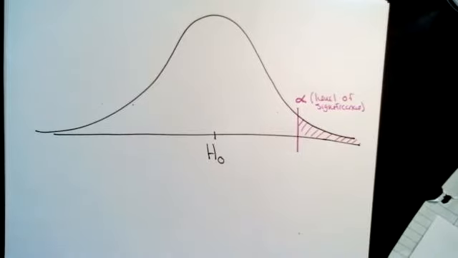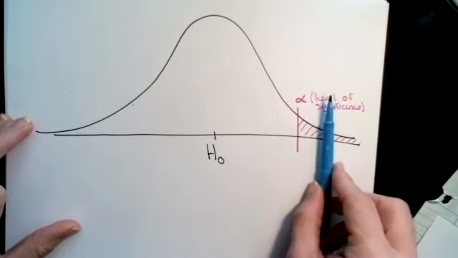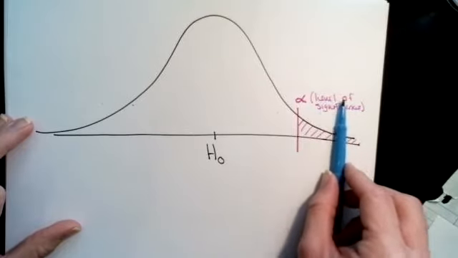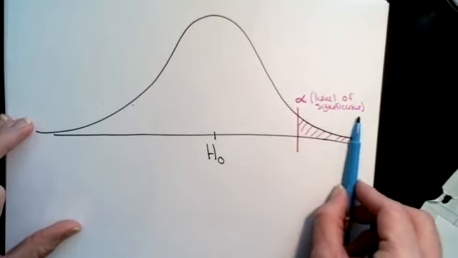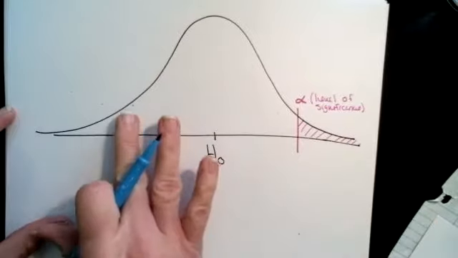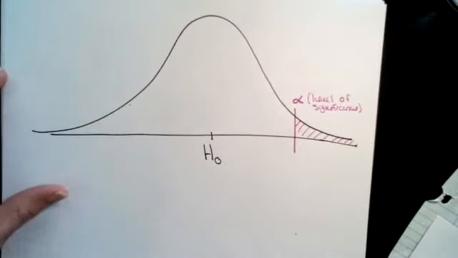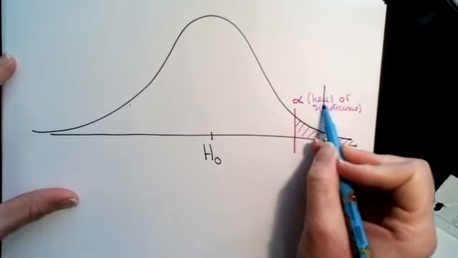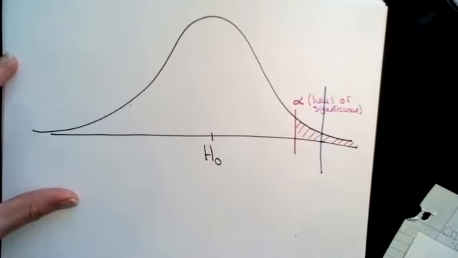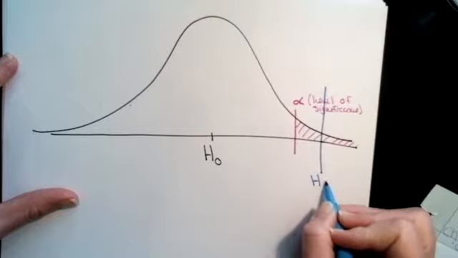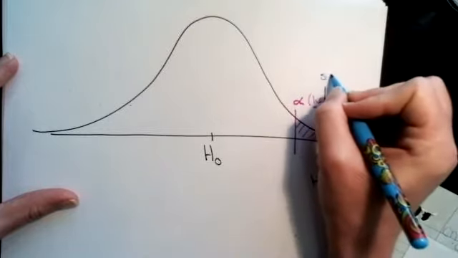Now, I want you to think about where our sample is if we're saying our p-value is yes, less than, okay? So if I'm saying yes, my p-value is less than alpha, that means the area under the curve is smaller, so it means I'm over here someplace to the right, okay? It would work if I'm on the left, it would just be to the left, it would be smaller. So I'm gonna draw it in here. So this would be for my HA, right? This is my sample.